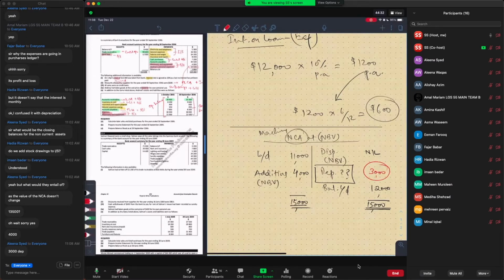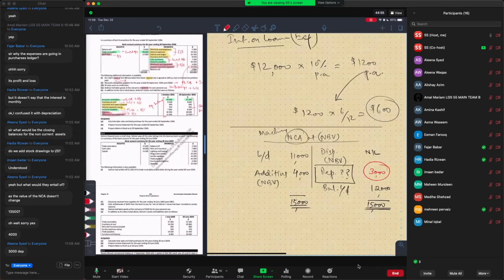Yes, Alina Sayed, excellent. It's $3,000 is going to be your depreciation charge. So if you do not understand this calculation of depreciation, then a red cross, and I'll explain again. Okay, everyone agrees. No red crosses here.